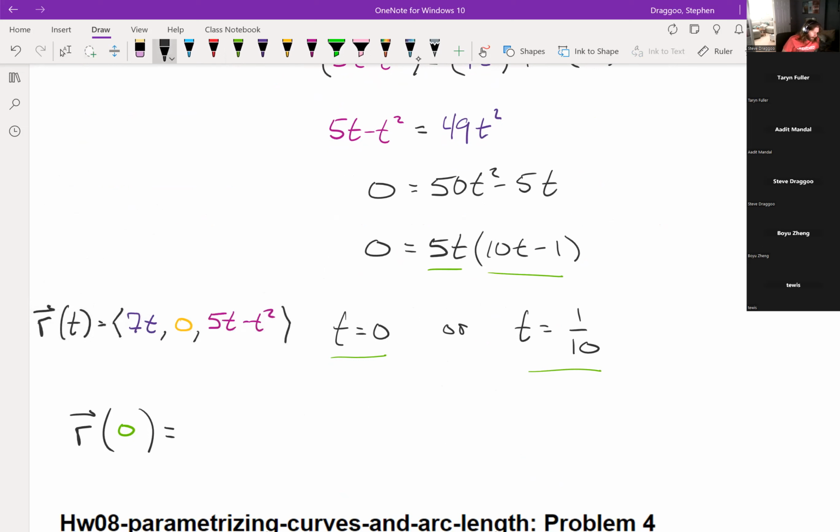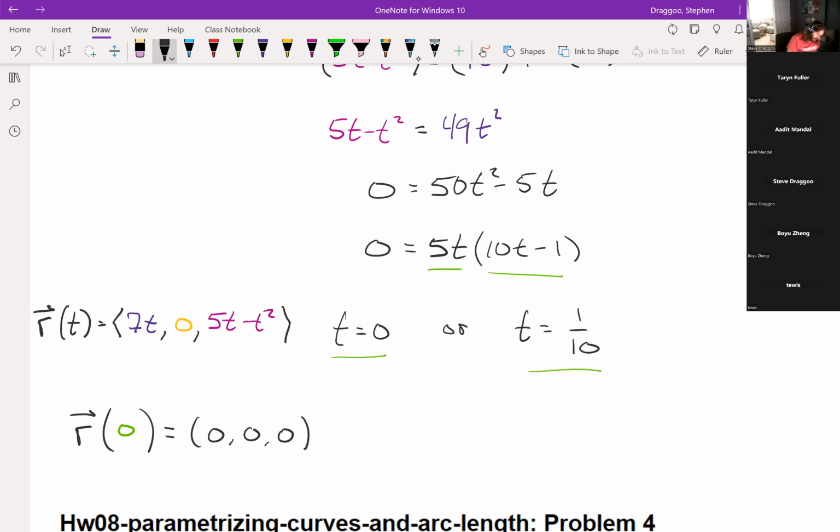Okay, so I just have to plug 0 in for t, which on the first guy, and this is actually a point now, not a vector, gives 0, 0, 0. So that one was easy.